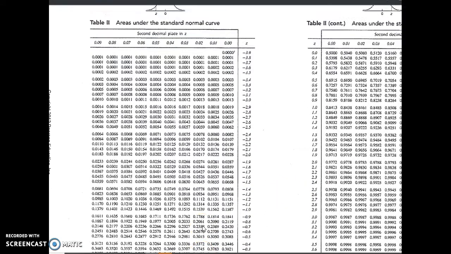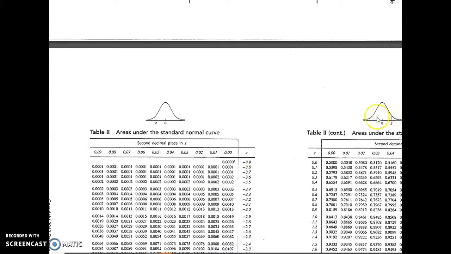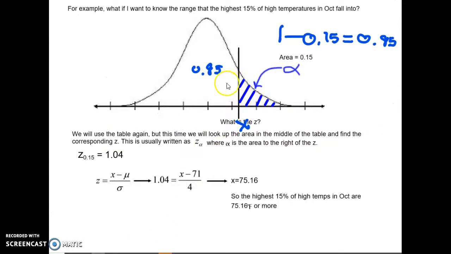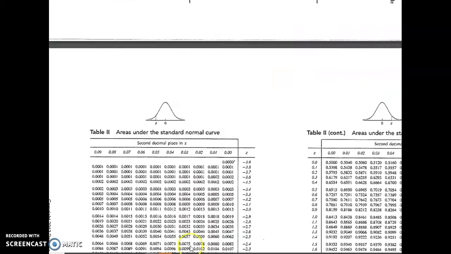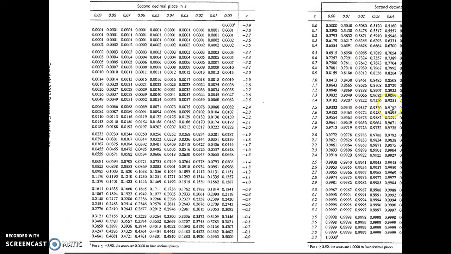What we're actually looking for is the score that's going to outline this area. Now remember, this table only gives you areas to the left, and I talked about that before. Only areas to the left. So the area to the left here is 0.85, and in the body of the table we want to get as close as we can to 0.85.